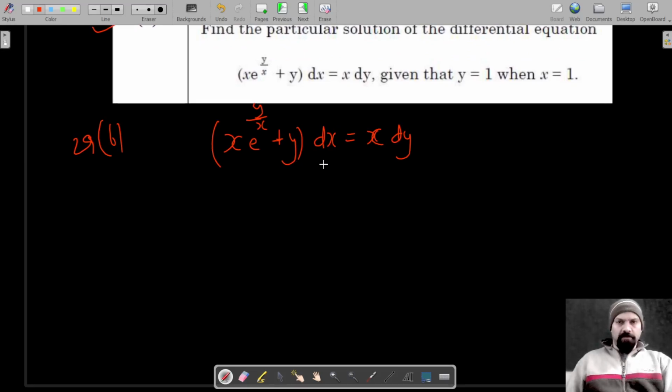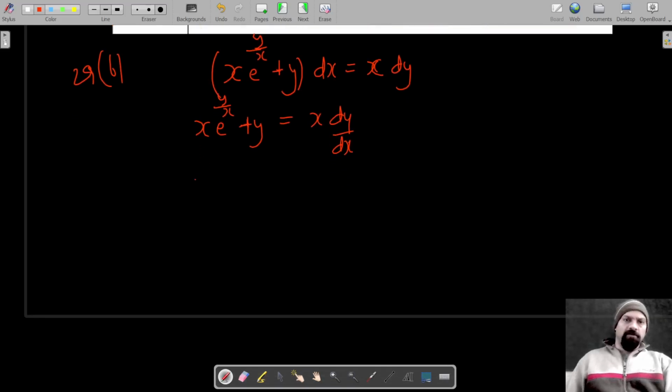Now let's try to separate the variables. So this can be written as x into e raised power y by x plus y is equal to x into dy by dx. So let's just change the sides. So x into dy by dx is equal to x into e raised power y by x plus y.